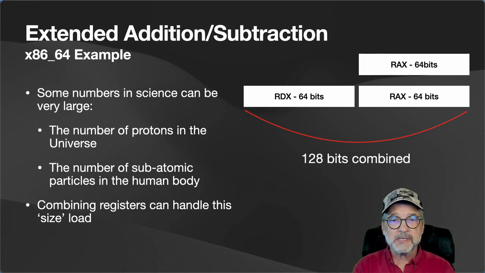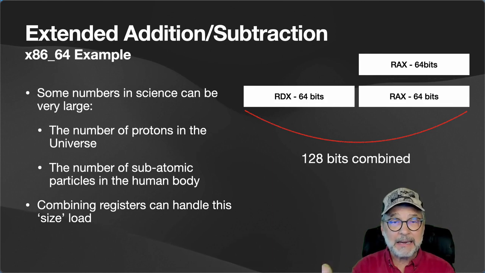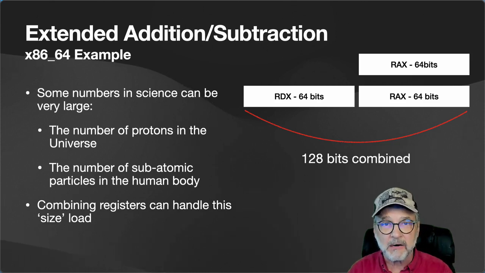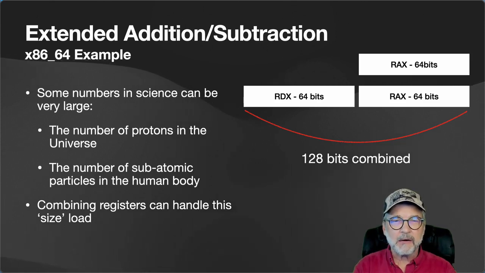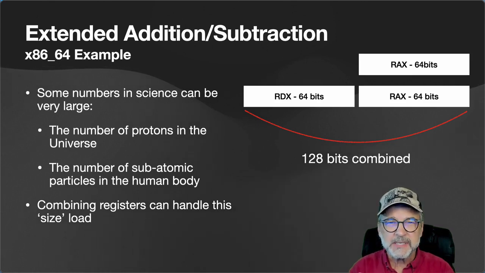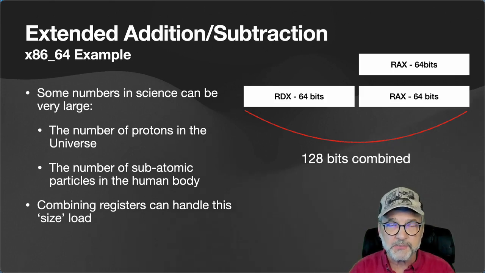So what you do is, instead of just using RAX, you use the combination of RDX and RAX together. Now, you don't have to use the combination of RDX and RAX. You can use RBX and RCX. But RAX and RDX are kind of an industry standard, because in multiplication and division, you're forced to use those registers.